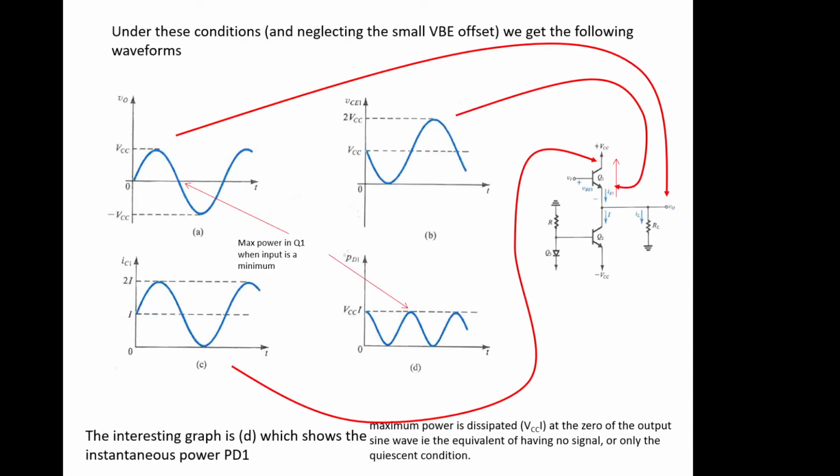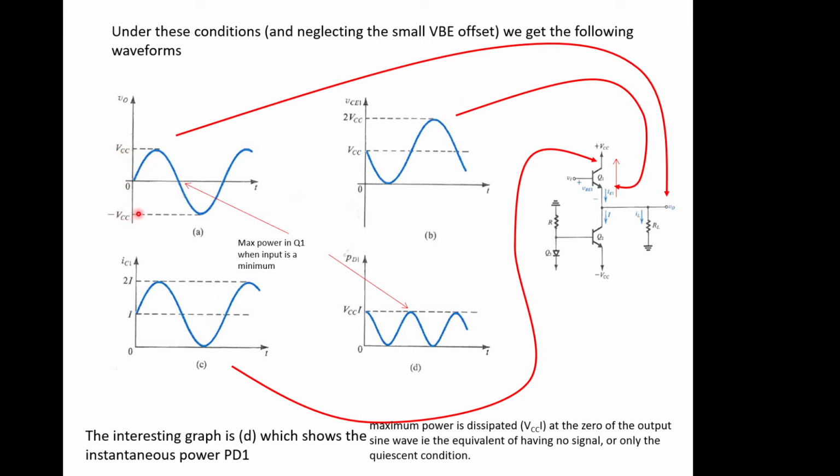Under those conditions, if we ignore the 0.7 volts of VBE and say we've got big voltages, as a first approximation we get this kind of signal. I've drawn lots of arrows on this graph to show what's happening where. The output voltage we're seeing is this, swinging between VCC and minus VCC.